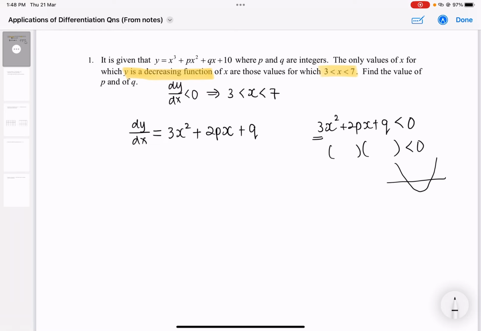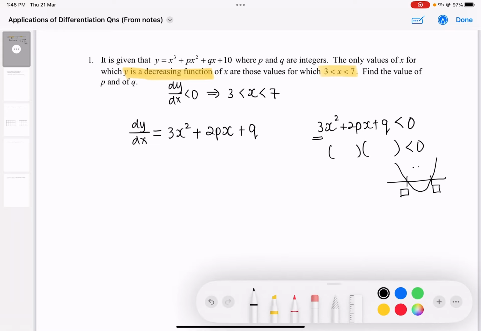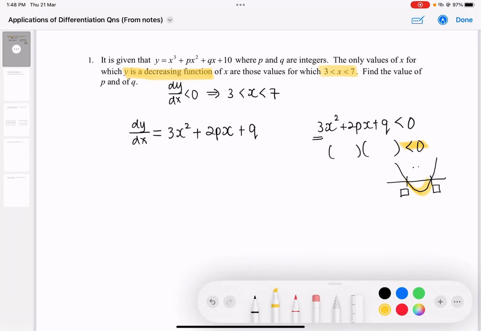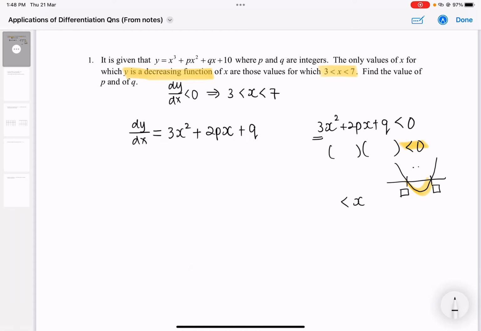The coefficient of x squared is positive, so I have my happy face graph. From the factorized form, I would be able to tell the two x-intercepts. And because the question wants the range of values for which it's less than 0, we will be looking at this region. Then from there, we will be able to write down the range of values of x, between this value and this value.